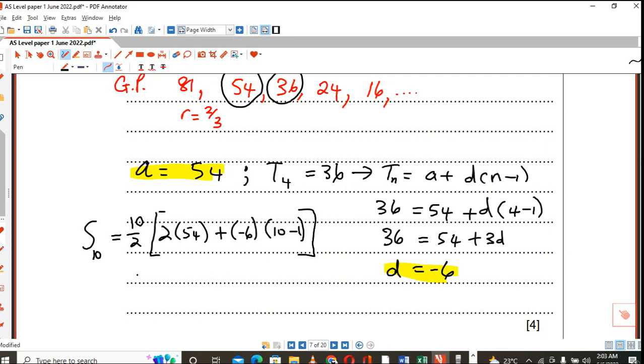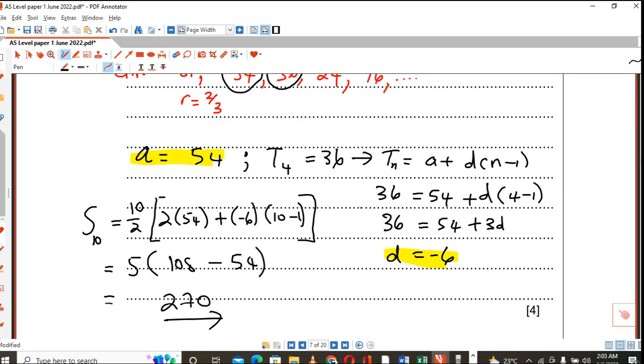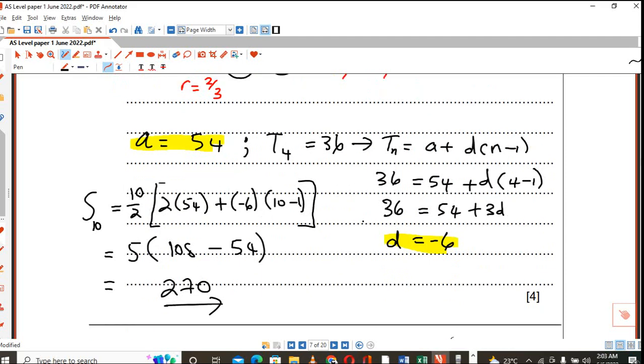So that's 5 times (108 minus 54), and it will give me an answer of 270. So again, make sure that you get to understand this particular question.